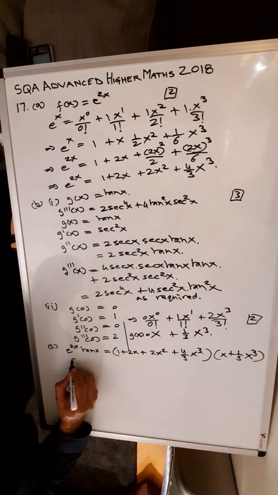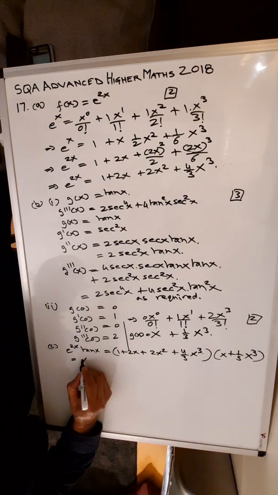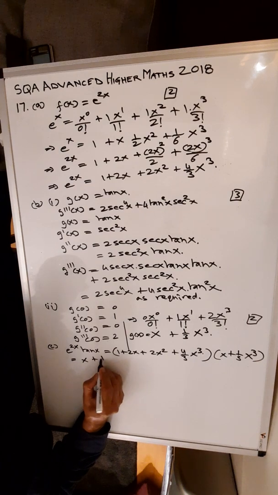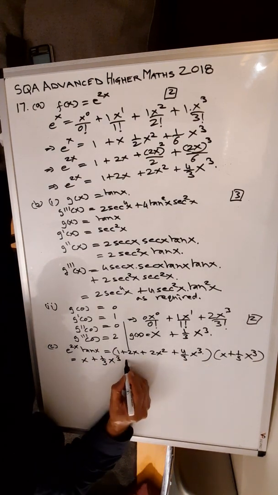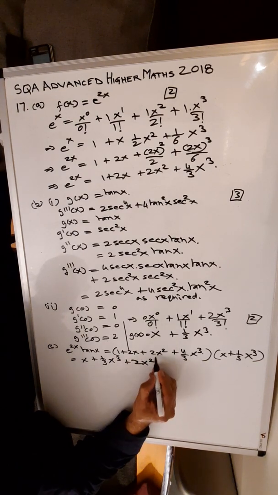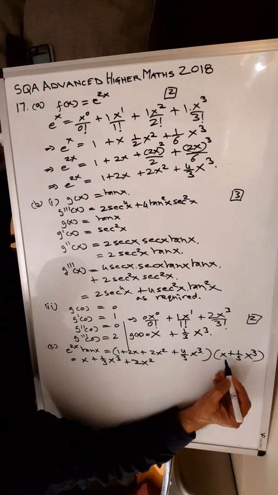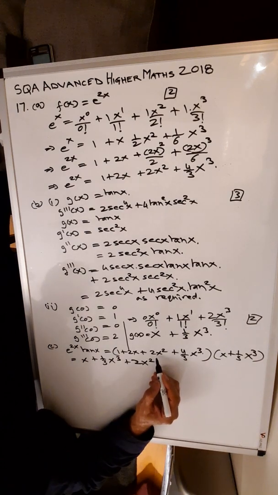Multiplying these out, 1 times that gives you x plus 1/3 x cubed. 2x times this gives you 2x squared, and that is going to give you 2x to the 4, so that's no use.